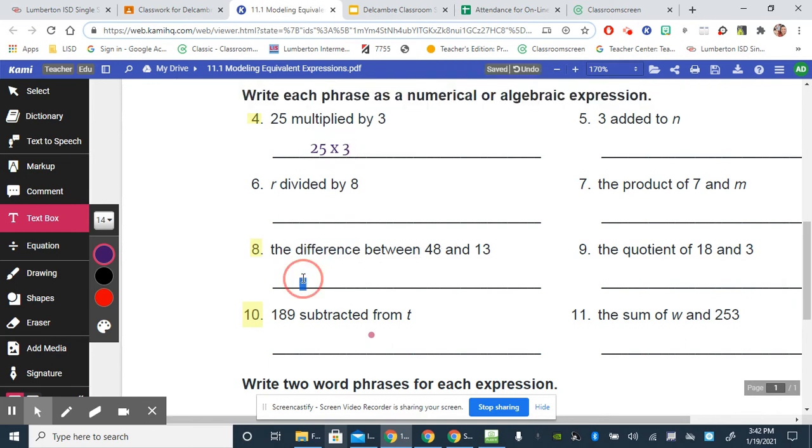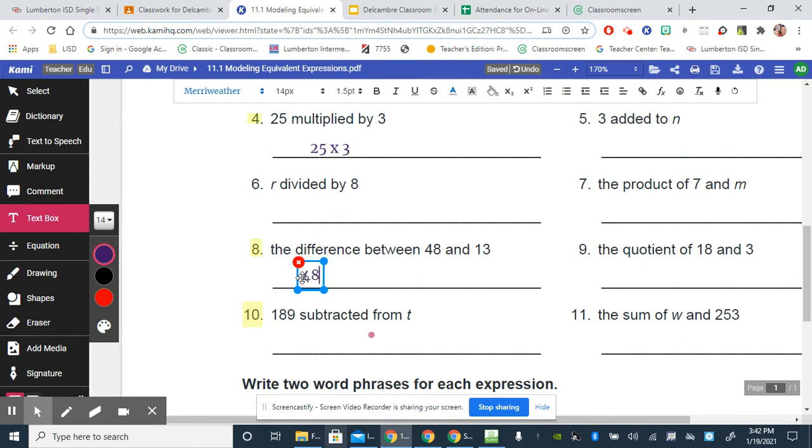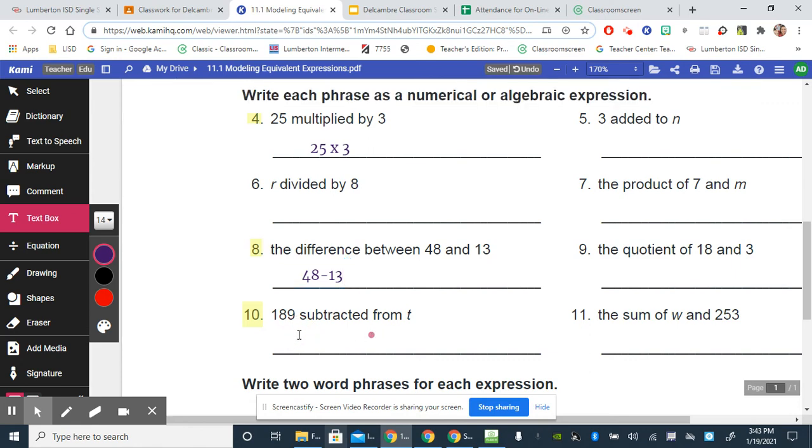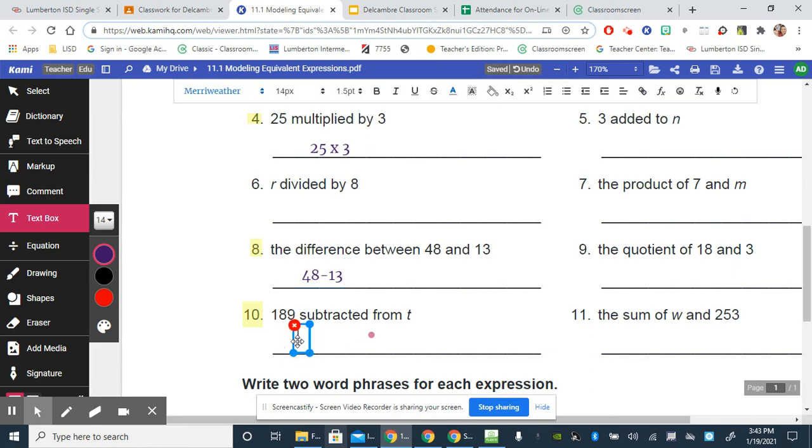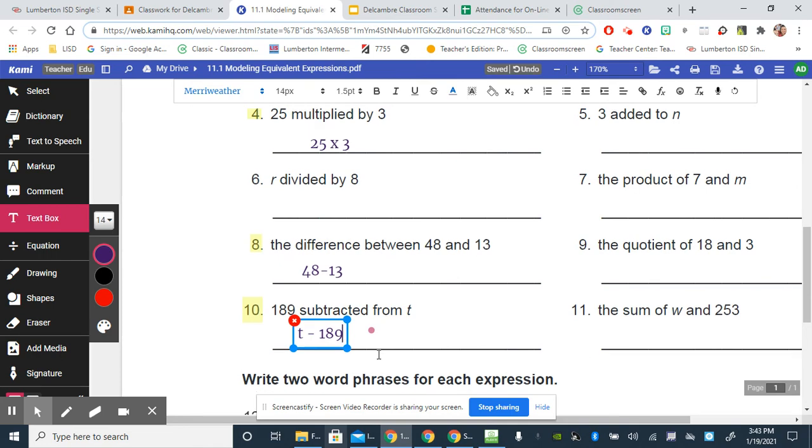Difference, we know subtraction. So I'm going to have 48 minus 13. Number 10, 189 subtracted from t. Subtracted from, so meaning I start off with t and I'm subtracting 189. I'm not looking for an answer, I'm just looking for the expression.